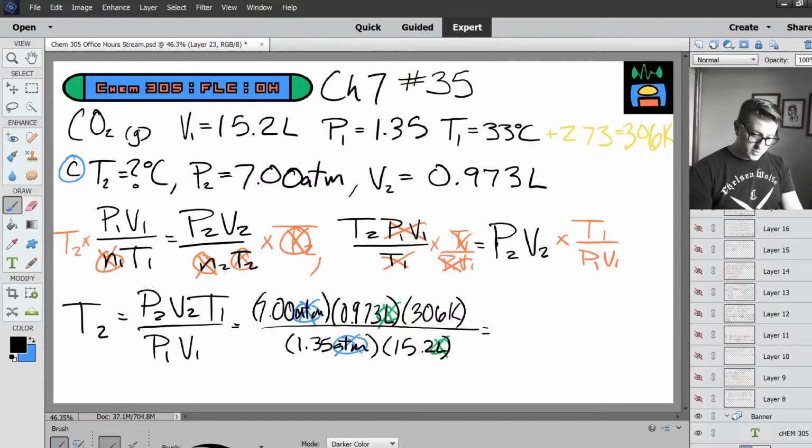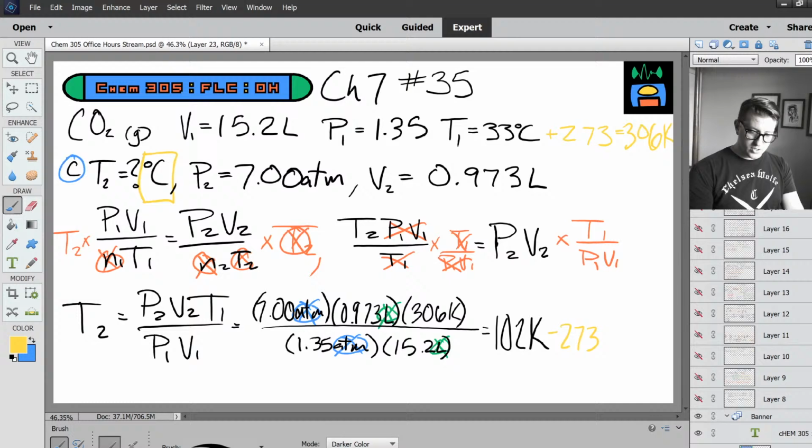All right, so our temperature, keeping 3 sig figs, comes out to 102 Kelvin, but you'll notice that they want an answer that's in degrees Celsius. So to convert from Kelvin to Celsius, you subtract 273.